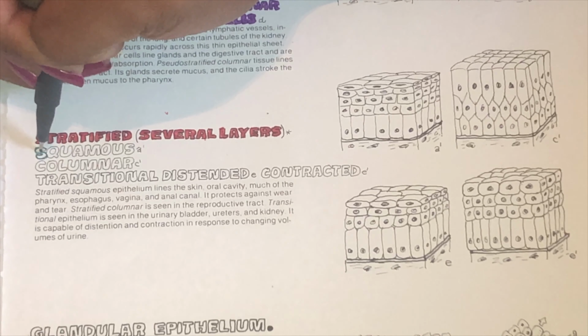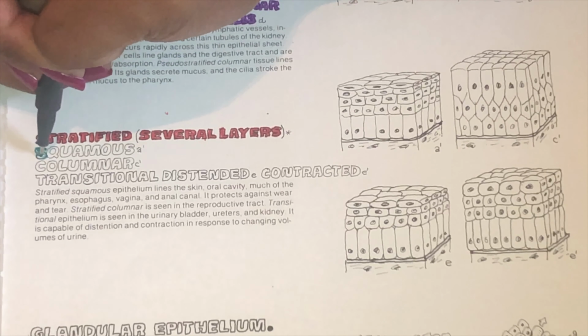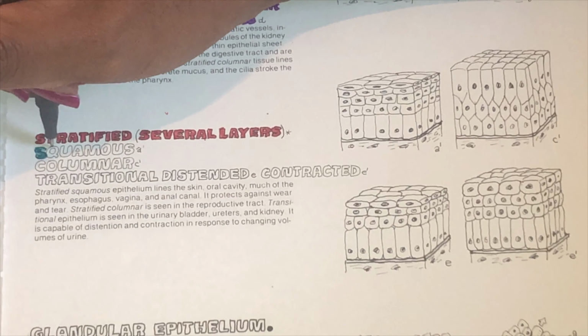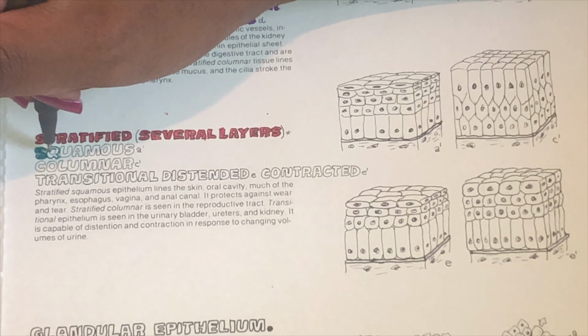And this is squamous, labeled A1, so it's just like the squamous before, but because it has increased in layers, we're coloring it just another shade of blue.